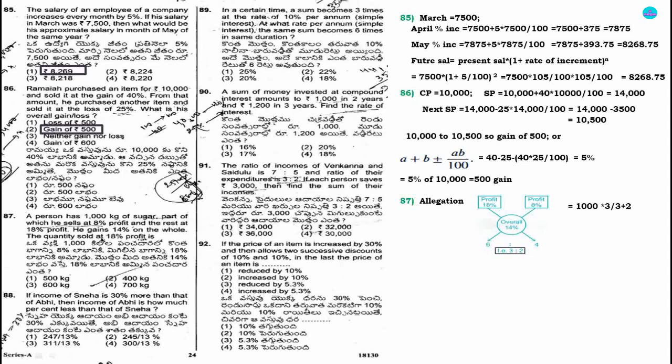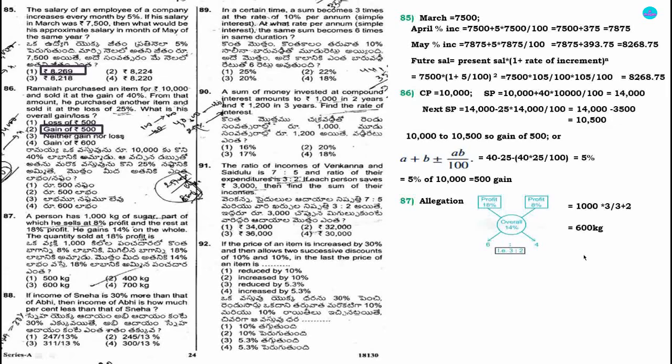Now what they asked here: on the whole, the quantity sold at 18% profit is what? So 18% profit, so that is equal to total 1000 kg, 1000 into 3 by 3 plus 2, because they are asking for the 18% profit.